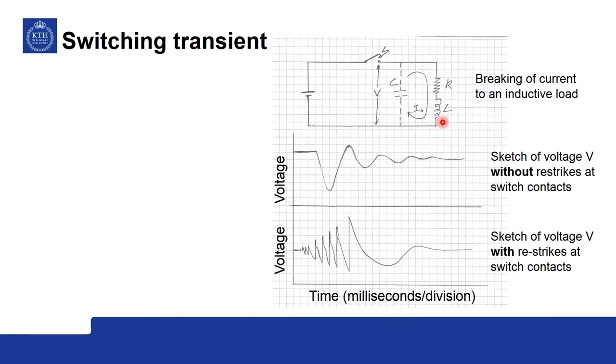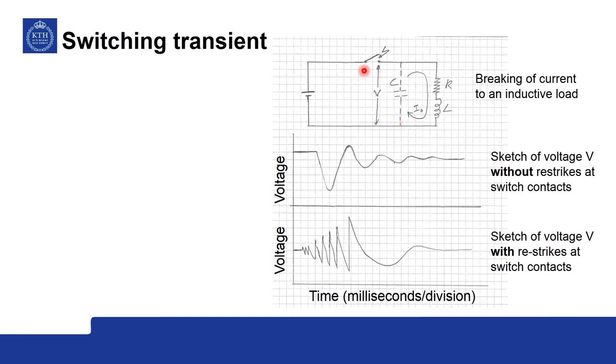So, the inductance of the load and the parasitic capacitance together can form a resonating circuit. And this coupled with the breaking and closing of the switch can create noise.